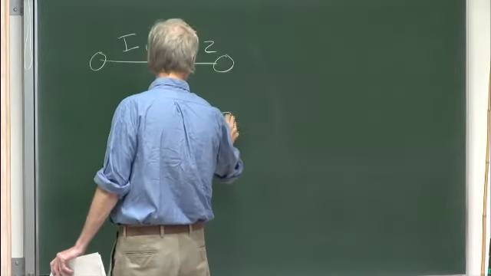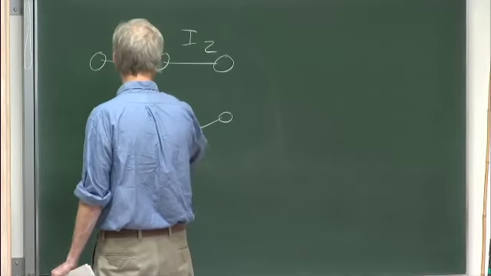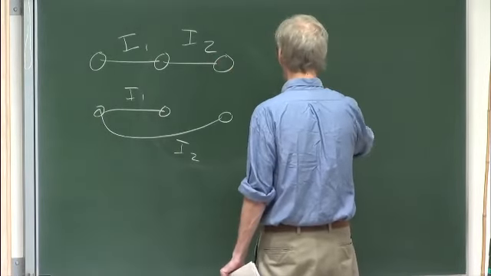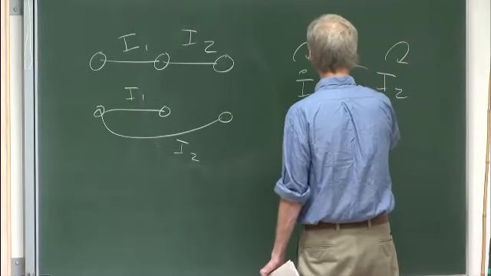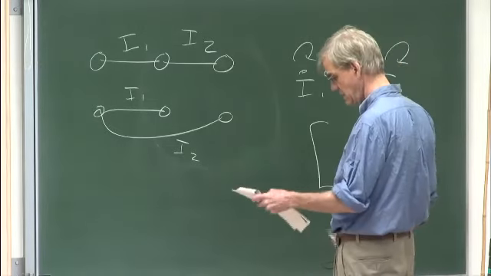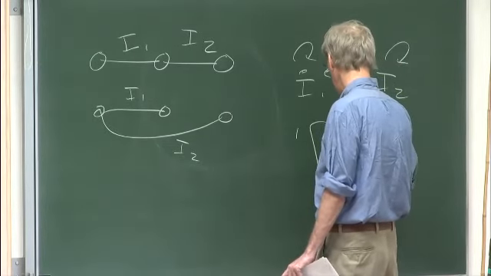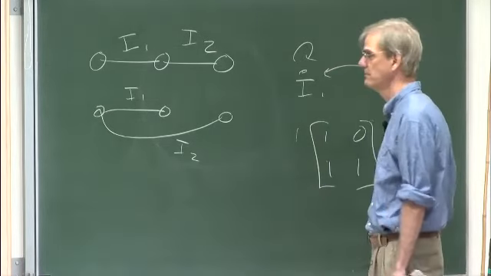So this guy is like this, like that, and this is I2 prime, this is I1 prime. Now it's almost the same diagram, but now I1 just covers itself, I2 covers itself and covers I1. And then our transition is 1, 0, 1, 1, like that.